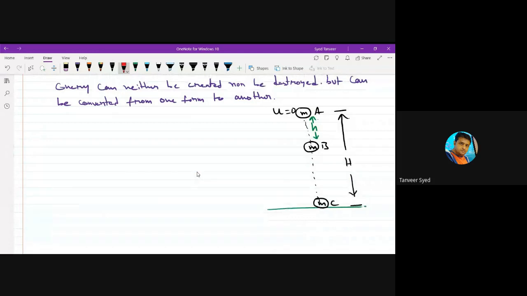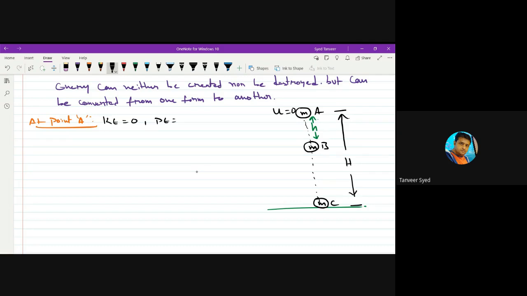Now, see here. We are dropping a body from point A, which is at a height capital H from ground. At point A, what is the kinetic energy of the body? Zero, because you are releasing it from rest. What is potential energy of the body?